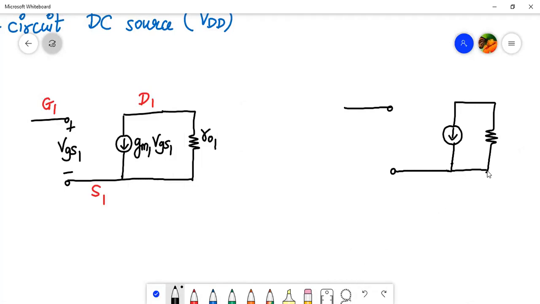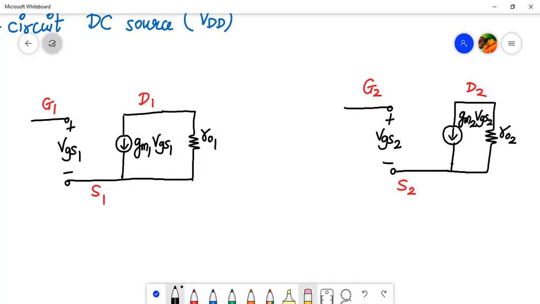Okay, so this will be RO2. Then let me mark the terminal. This is gate 2, drain 2, and source 2, right? So between the gate and source, we have open circuit. So we'll write over here VGS2. Then this will be GM2 into VGS2, the name of the current source, right?